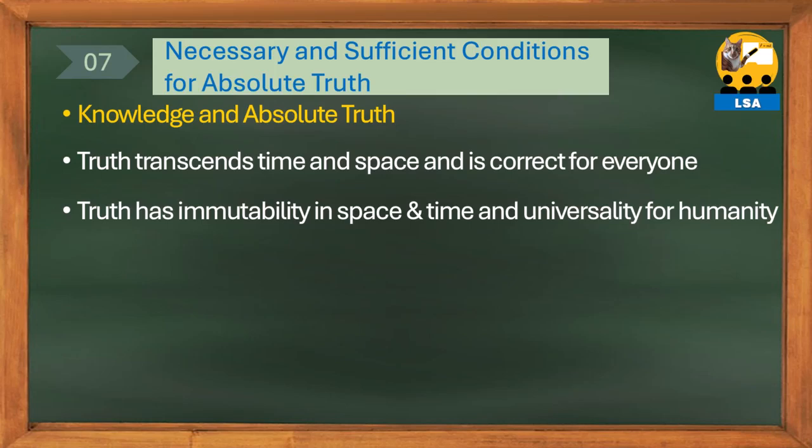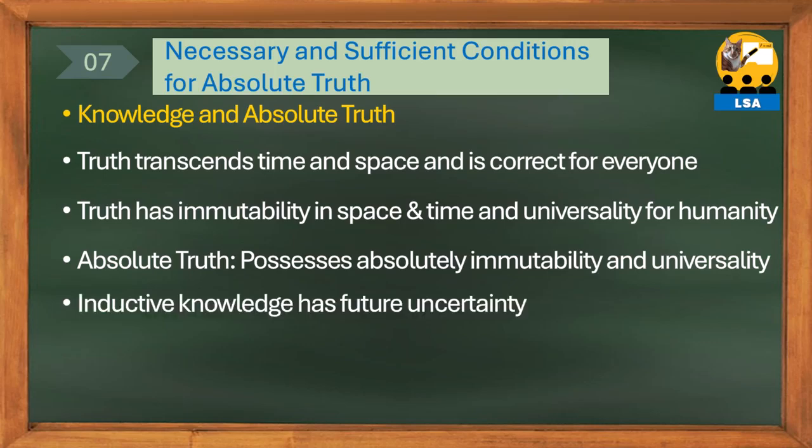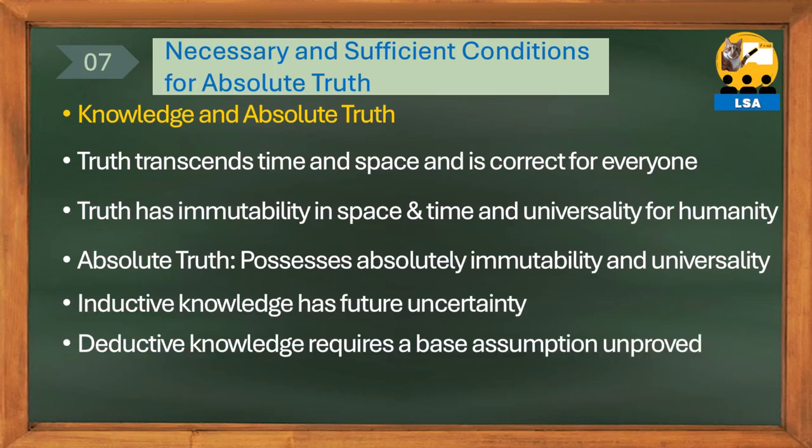If any knowledge possesses absolute immutability and universality, such truth will be absolute truth. However, as we saw earlier, inductive knowledge has limitations regarding future uncertainty, and deductive knowledge has the limitation of requiring a base assumption. Therefore, we can conclude that absolute truth does not exist.